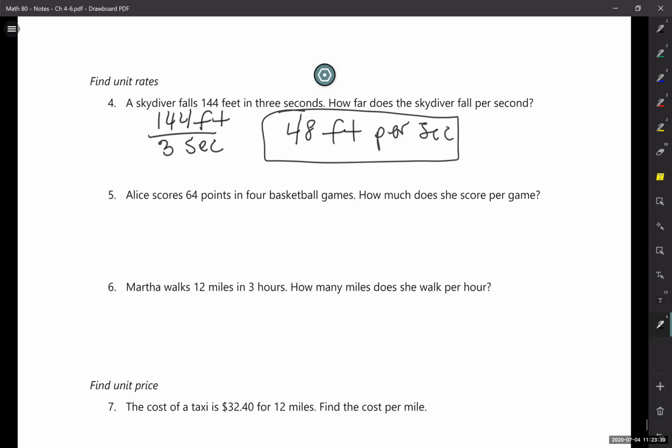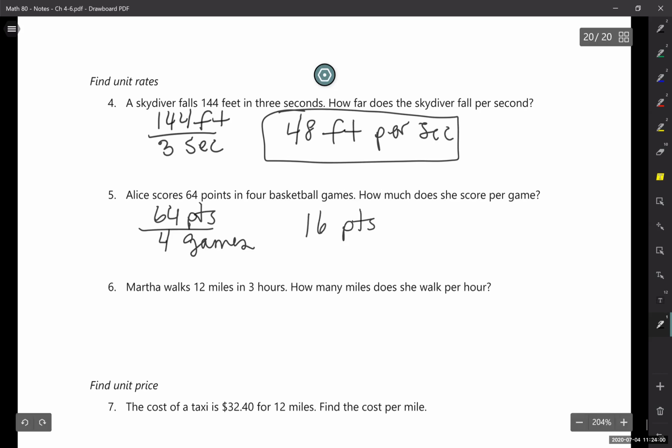Alice scores 64 points in 4 games. Those 64 points, the first number goes on top. 4 games, the second number goes on the bottom. How much does she score per game? So we're going to divide 64 divided by 4 and get 16 points per game.